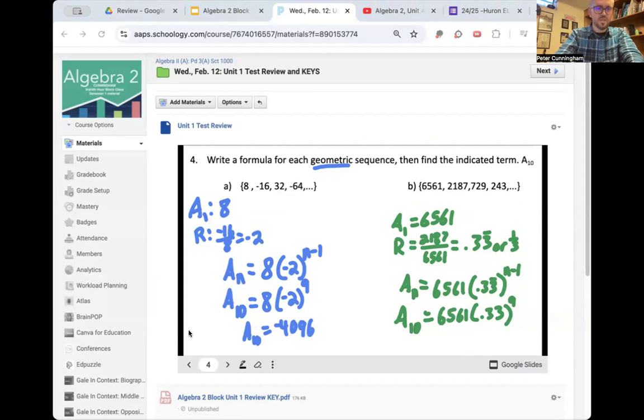It's getting clunky at the end. It ran pretty smooth there for a bit. They'll get better, I promise. We got 1/3. We're going to go to the power of, what was it? 9.